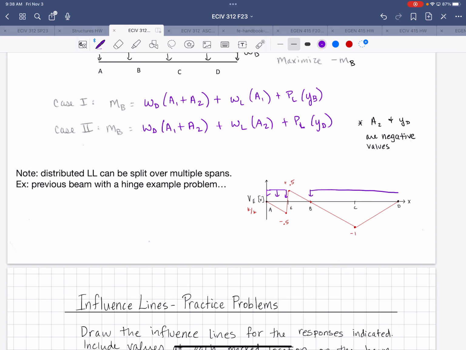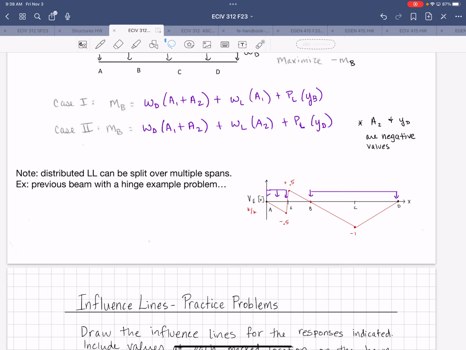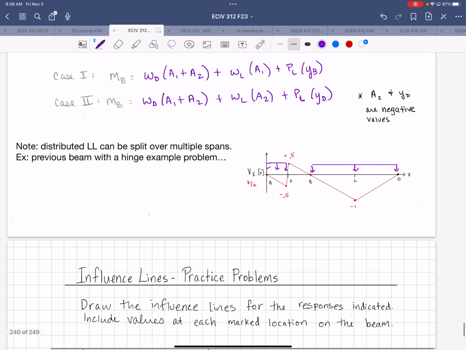All right, so if we were to maximize the negative shear at E, we would place it on AE and on BD, but not on EB. So that would be a WL placed on AE and BD.